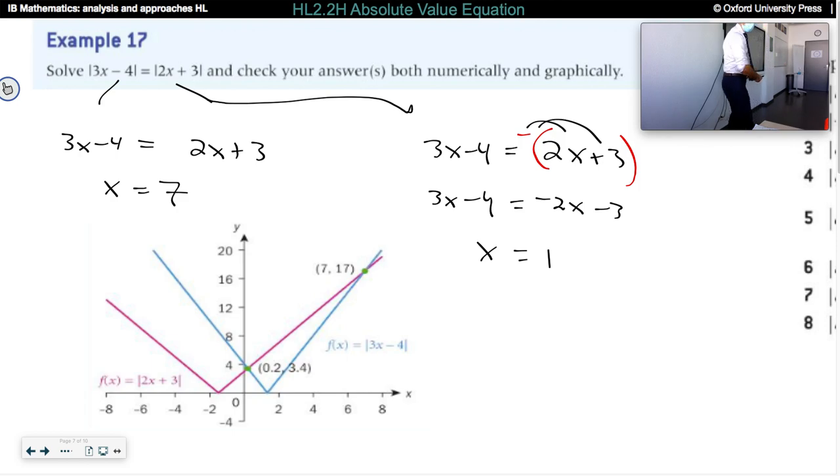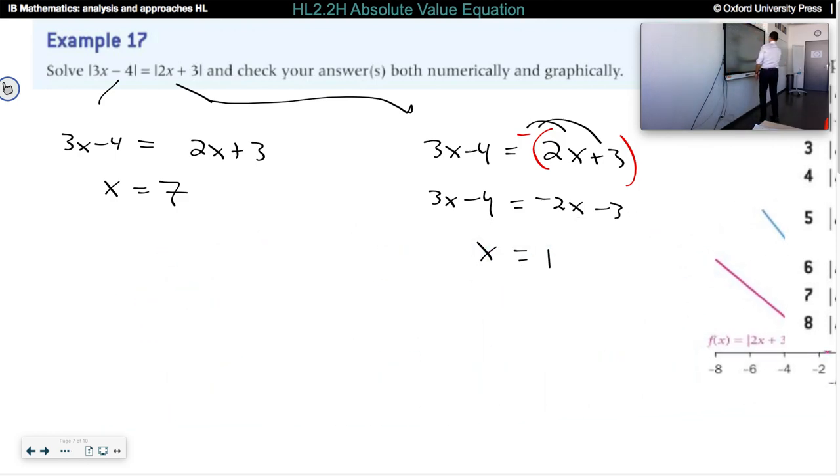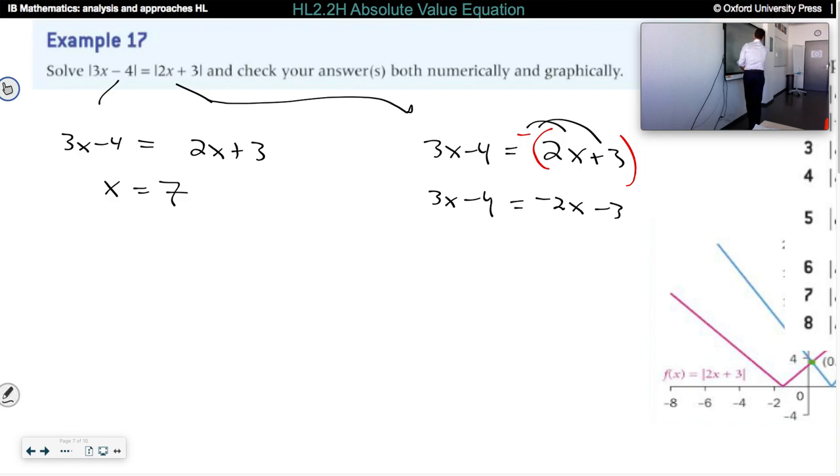Did I miss it? Oh, it's not 1. It's a fifth. Let's see. Go slower, Berkovich. Add 2. You get 5x. Add, you get 1. You get 1/5. Did you guys see that and just let me blunder through it? You're like, Berkovich, you got fun. Thanks a lot. That's why you check.